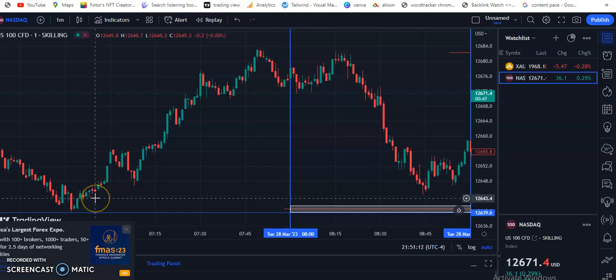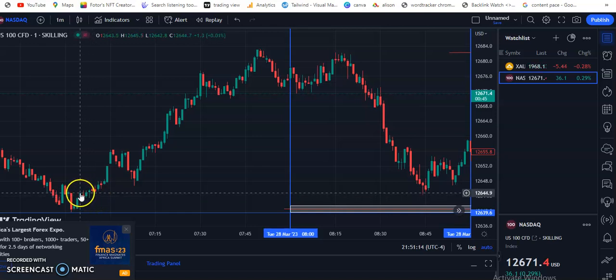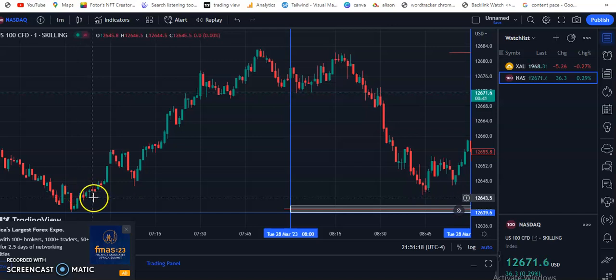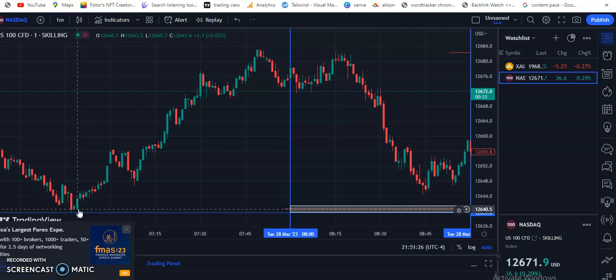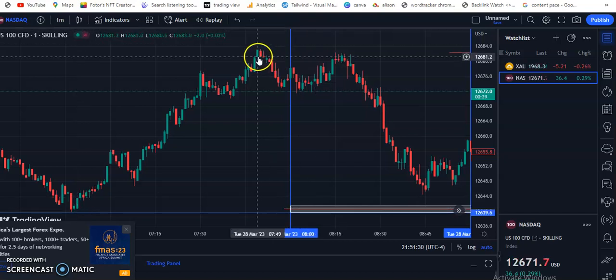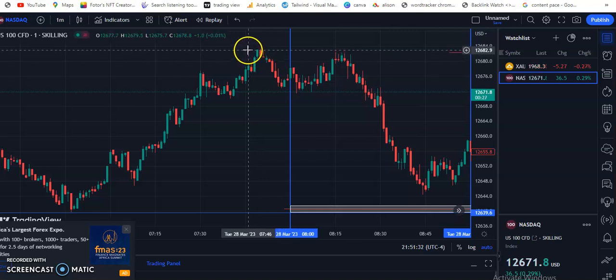So we have this candle here, but it was triggered in the first hour. We are looking for these candles that have a flat surface. If it's at the low, we are looking for candles that have a flat surface below. If it's at the high, we are looking for candles that have a flat surface above.